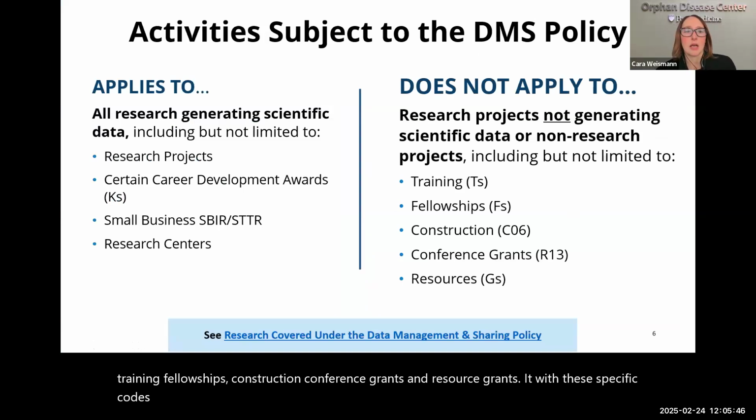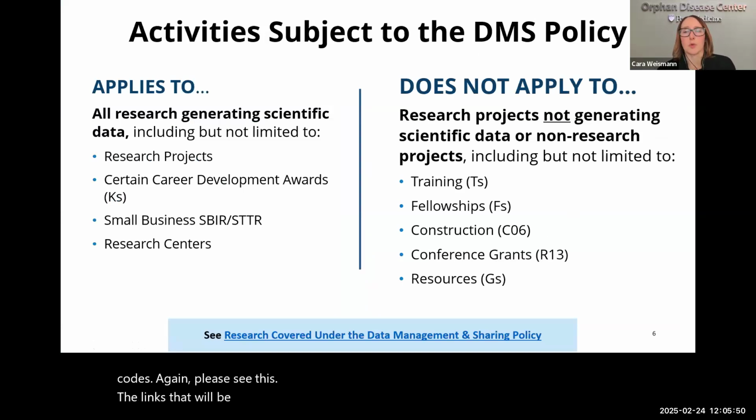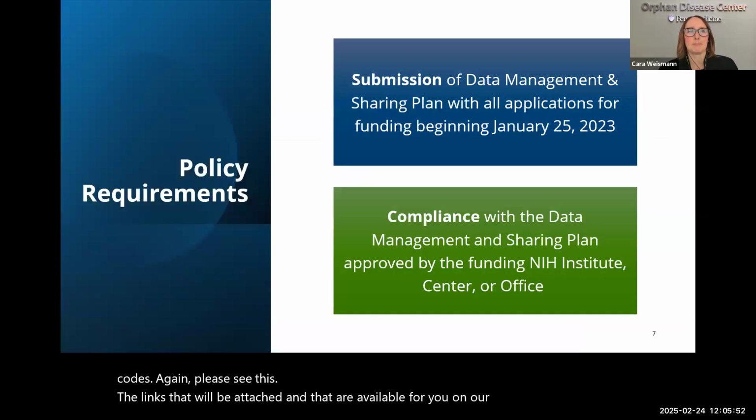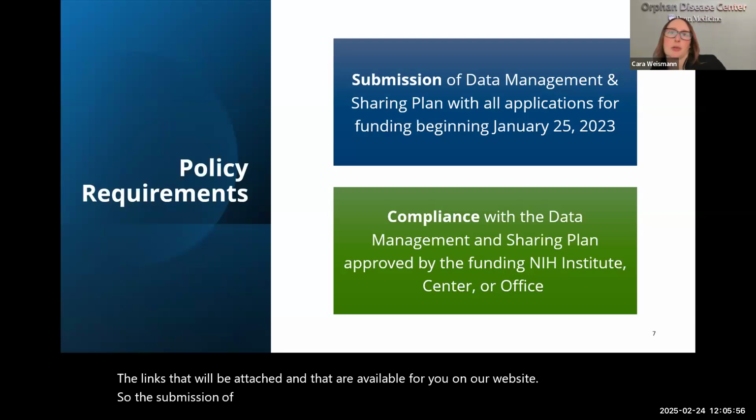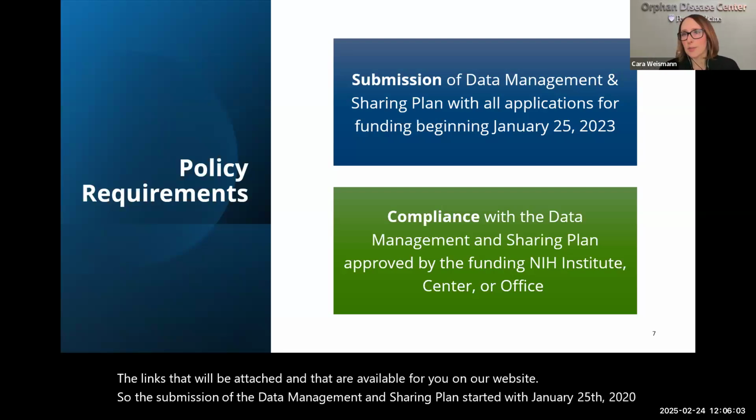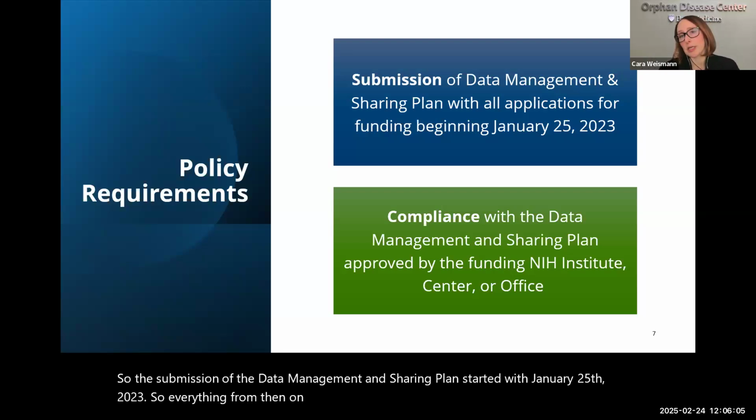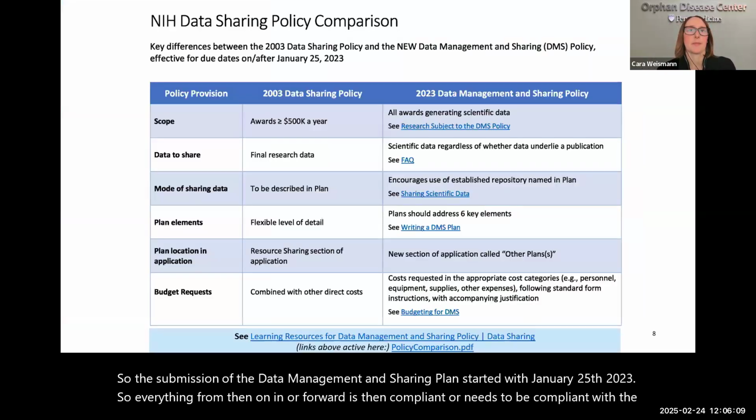Again, please see the links that will be attached and that are available for you on our website. The submission of the data management and sharing plan started with January 25th, 2023. So everything from then forward needs to be compliant with the management plan.